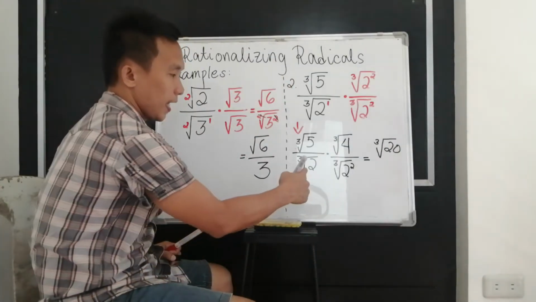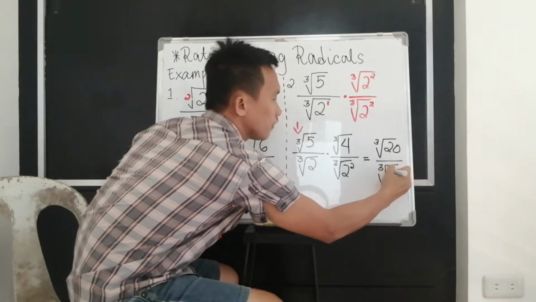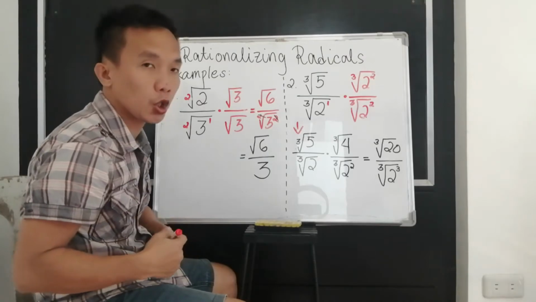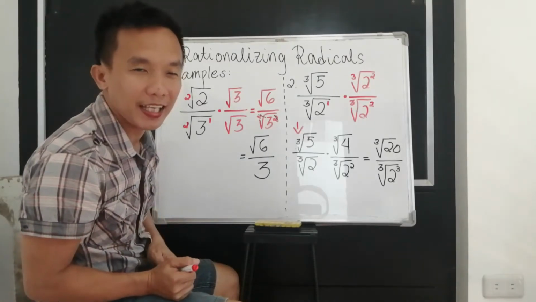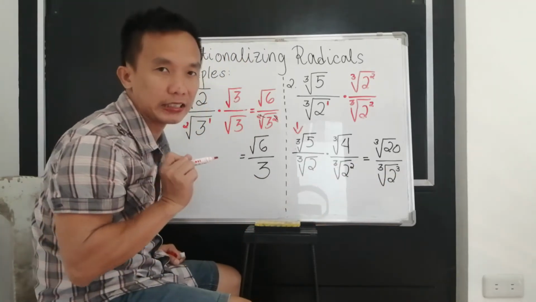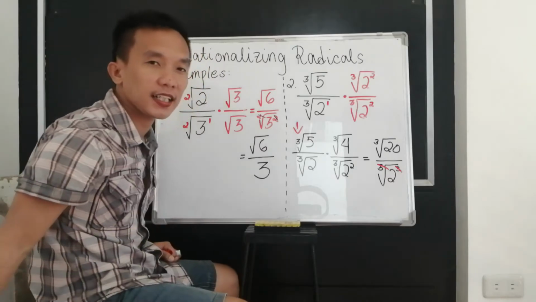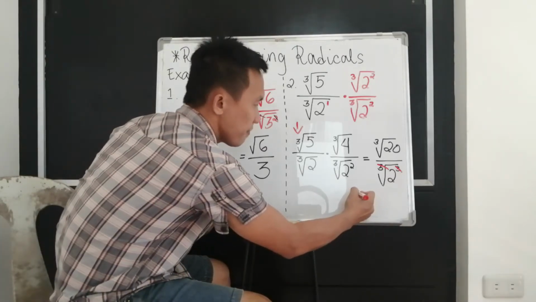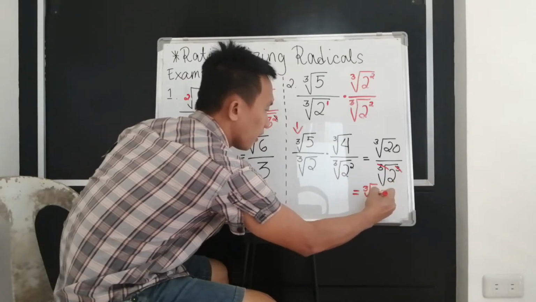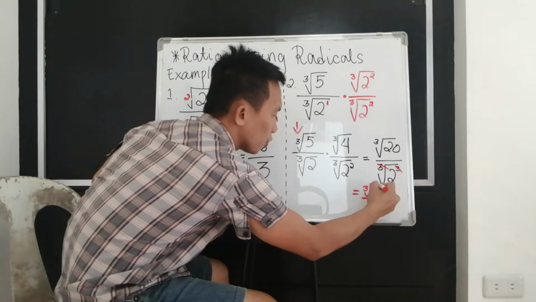20. And this one will be cube root of 2 cubed. And notice, in our denominator, they now have the same index and the same exponent. So we can cancel this and cancel that one. What will remain is your cube root of 20 all over 2.